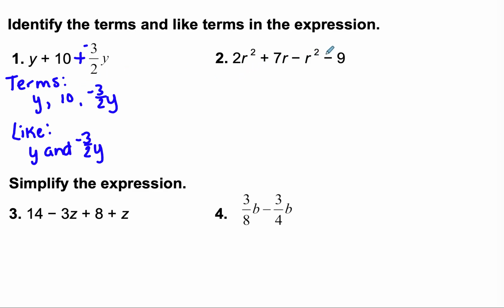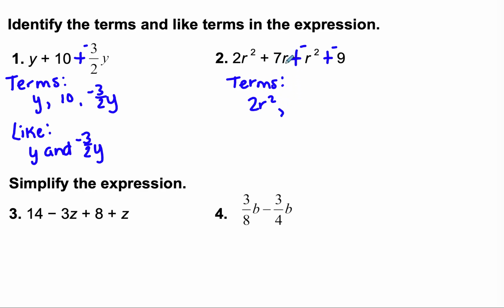All right, number 2, 2r² plus 7r minus r² minus 9. Boom, change to addition. Boom, change the sign. Boom, change to addition. Boom, change the sign. All right, I'm going to start with my terms. 2r² plus -r². Oops. I'm rewriting the problem here. Got so excited about doing this math, I was starting to combine my like terms instead of just listing the terms.